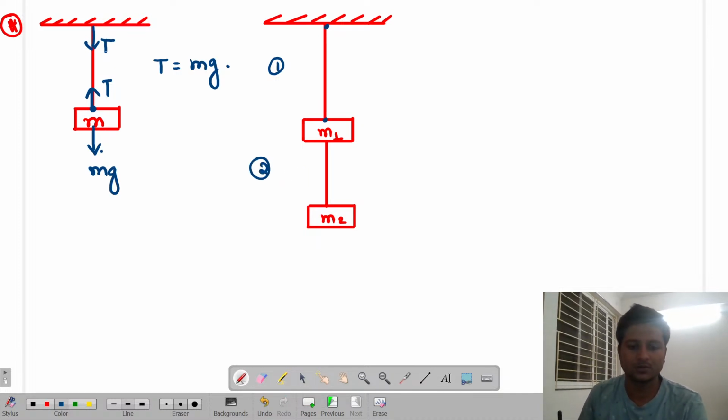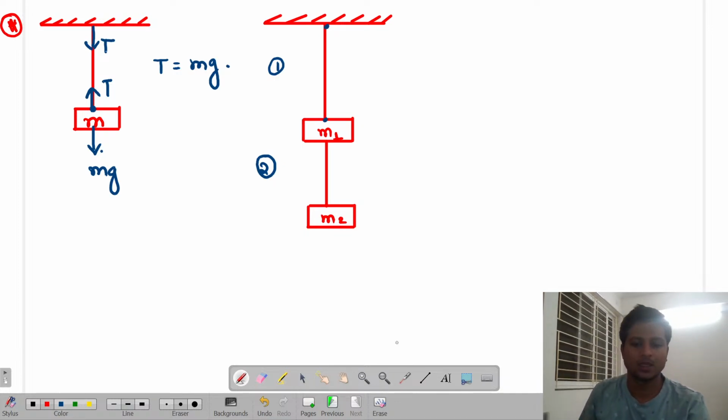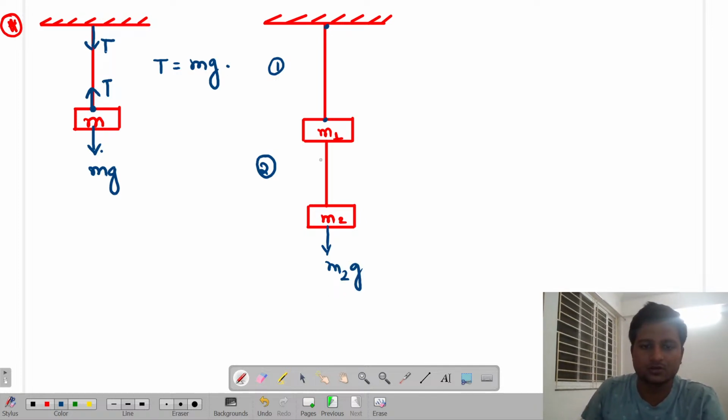Yeah. So now you tell me. It will be T1 and T2. Can I consider that the weight T2 is equal to M2G? Yes, correct. So basically, totally correct.